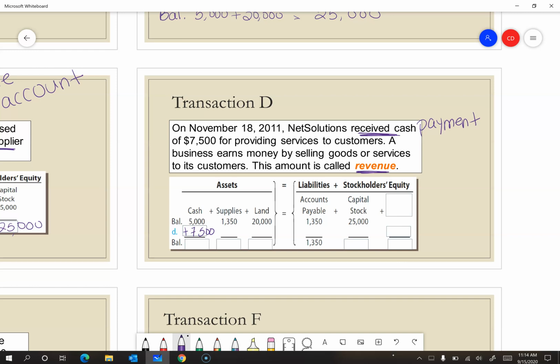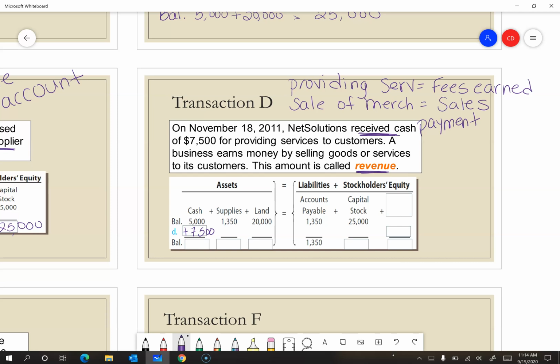So there are different types of revenue. And depending on the type of revenue is the name of the account that's going to be used when we talk about corporations. So if it's a providing of service, it's going to be fees earned. Okay, that's one type of revenue. If it's sale of merchandise, it's going to be sales.